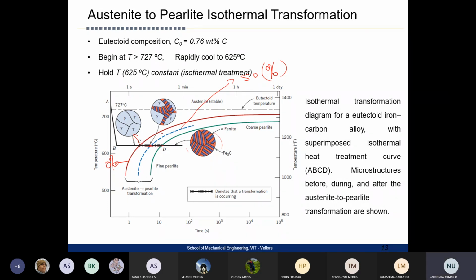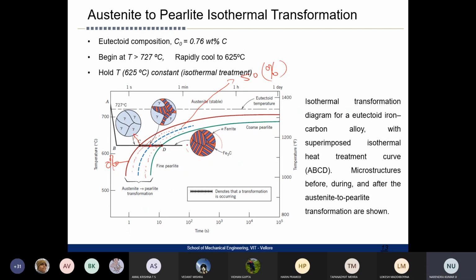For sure, then you have 25% also, 75% also. This is only an imaginary dotted line which gives an indication of how much percentage. That's what I said: once you have this TTT diagram, you can decide what phase you want in your material at the end and how much percentage you want in the material.